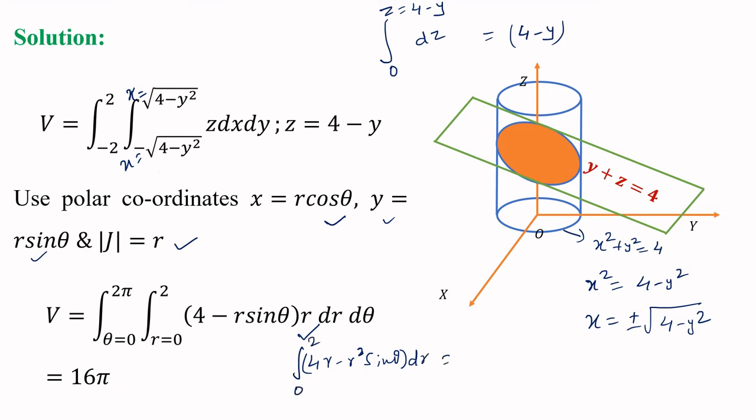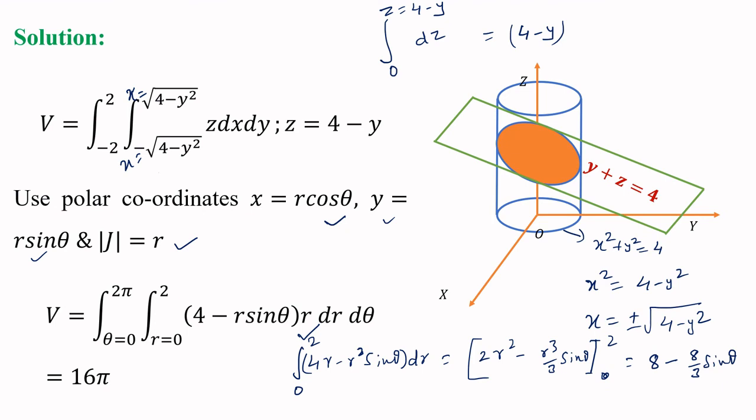So what we get, r square by 2, so it is going to be 2r square minus r cube by 3 sin theta, and the limit 0 to 2 we have to put. So 0 is no issue, the lower limit, all the terms are going to be 0. Once you put 2, it will be 4 into 2, 8, minus 8 by 3 sin theta.